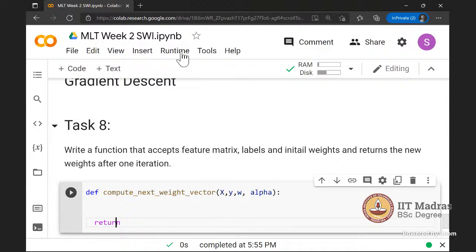Okay, I've not received an answer for this one. Is it taking a longer time than expected? So, okay, you have W. You need to calculate the gradient as well, right? You will have to compute the gradient with respect to W, then add or subtract that gradient from the current weight vector and get the new weights.